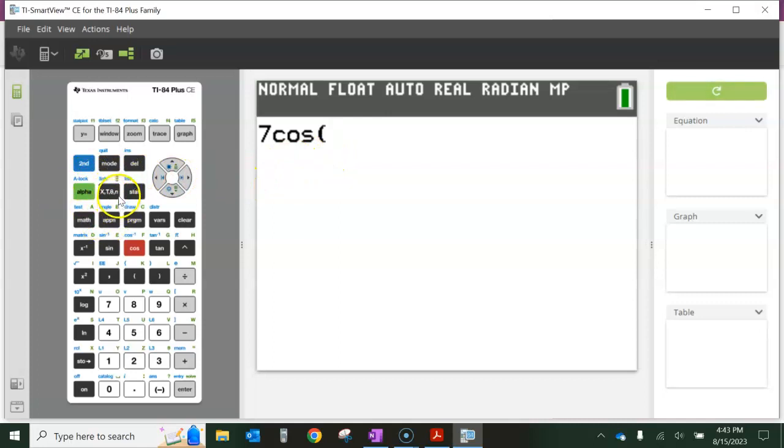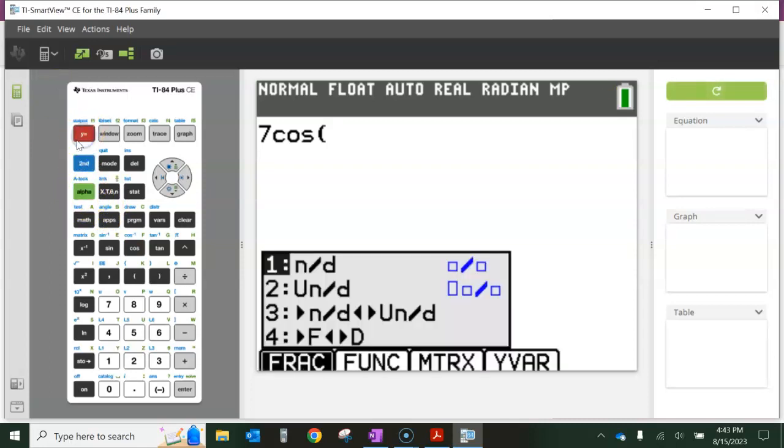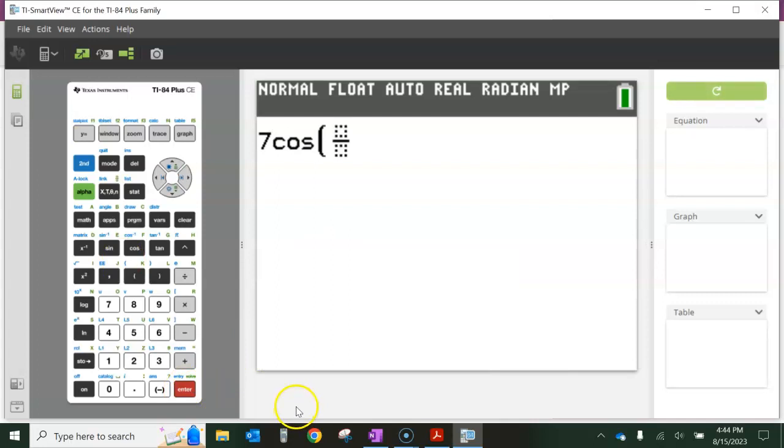And depending upon the calculator that you have, you might have to do alpha, which is this little green button here, then hit y equals, which is this top left button here. And then you see this number 1 is n over d. If I do that, it gets me the box over the box. A lot of people are going to prefer that. So again, that's alpha y equals enter. Some of the calculators as well, you can do alpha, and then you can go right next to the alpha button and hit this xt theta n button, and that also does it too. Okay.